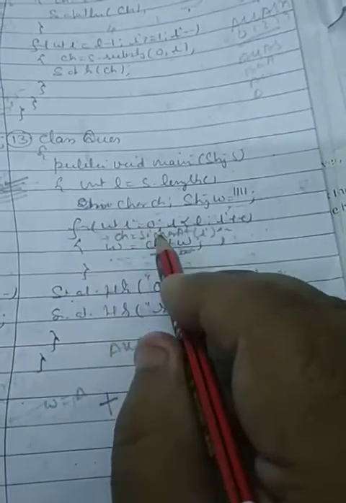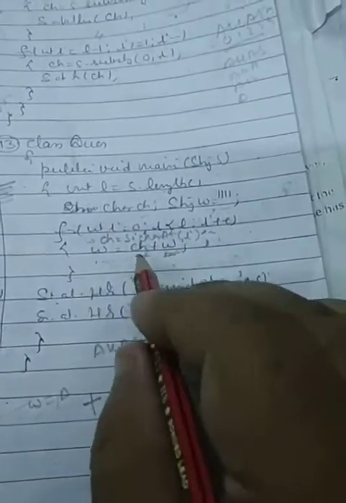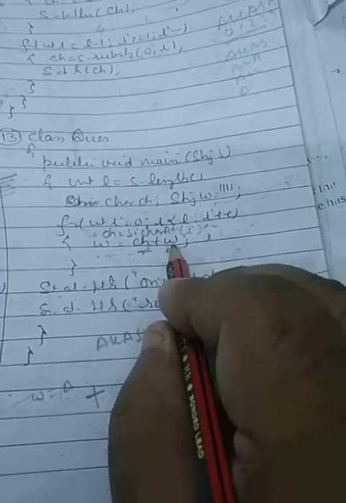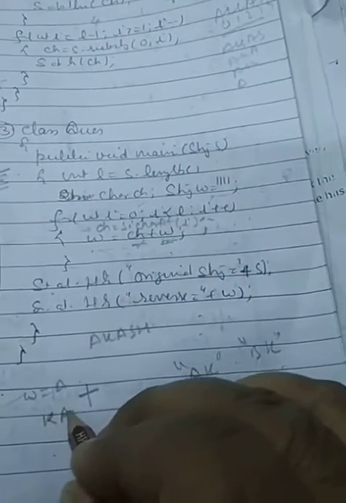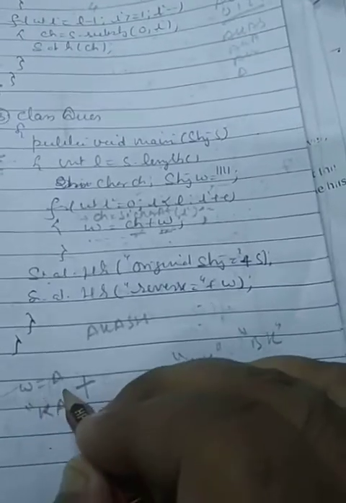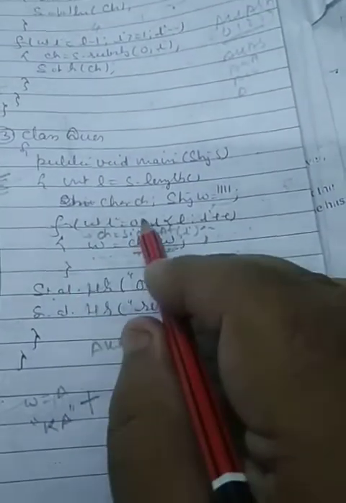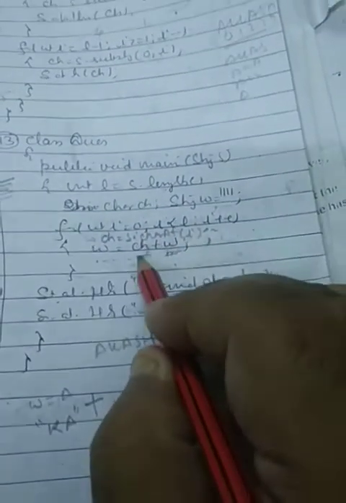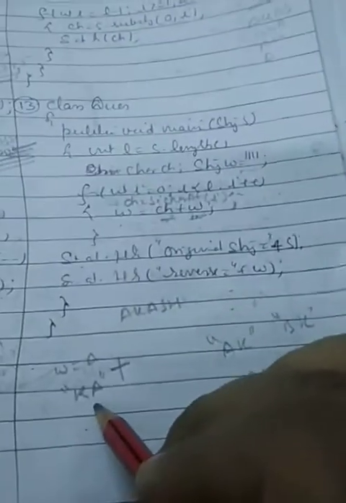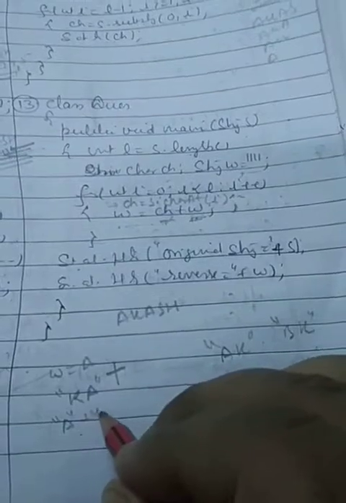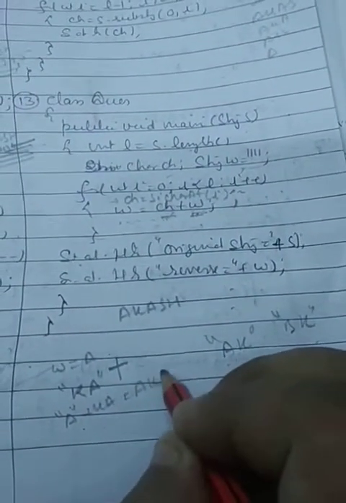So W will become A. The next character is K. I am picking K. But I am adding K to the previous value of W. W contains A, then K and A will be added. It will become KA. Now the next character will be A, in the case of Akash. That A will be added to the previous value of W. Previous value of W is KA. So A will be added from the left hand side in KA, it will become AKA.